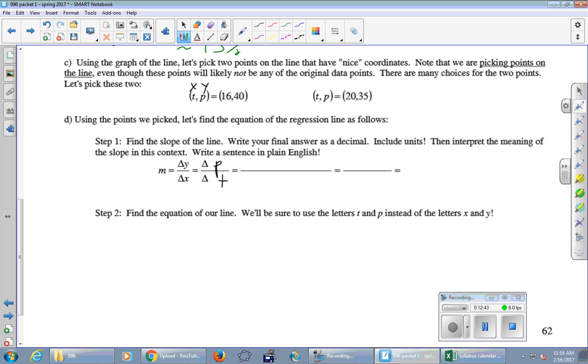So we're looking to subtract the percentages over subtract the times. So subtract the percentages, 40 minus 35. And then on the bottom, what order do I need to do? I got to do 16 minus 20. It's okay to do it the other way. So I got 5 on top and negative 4 on the bottom.